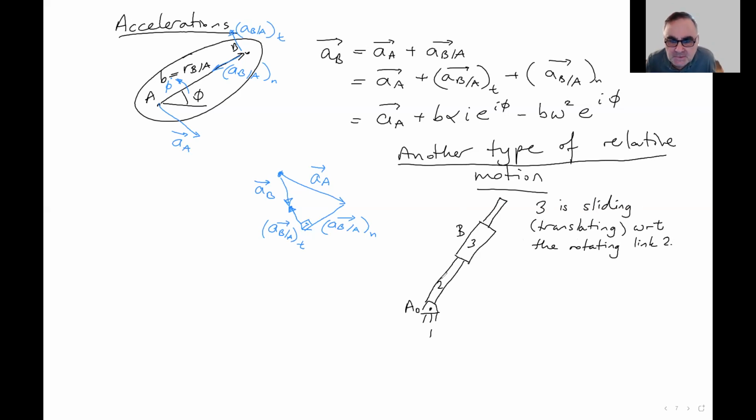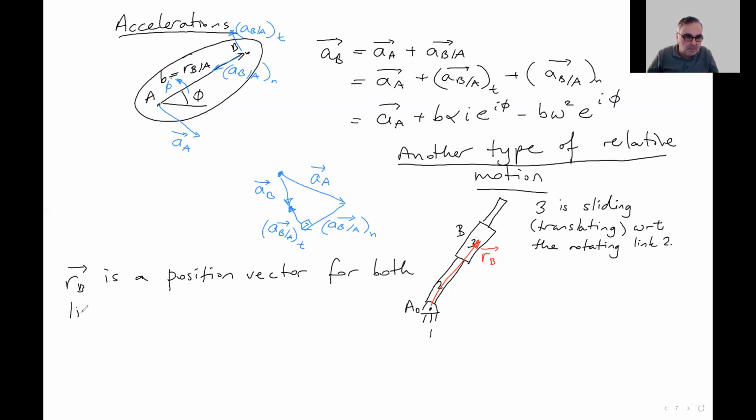The crucial thing is this: if there is a point B here, and a vector RB, this RB is a position vector of both link 2 and link 3, okay?